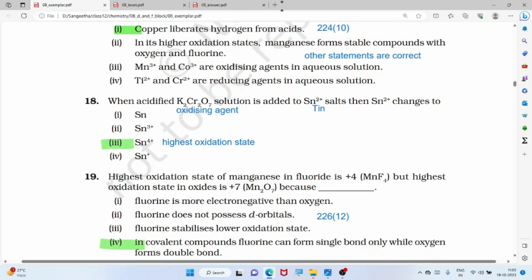When an acidified solution of this oxidizing agent is added to the tin salt, because this is an oxidizing agent, it will oxidize tin to the highest oxidation state.